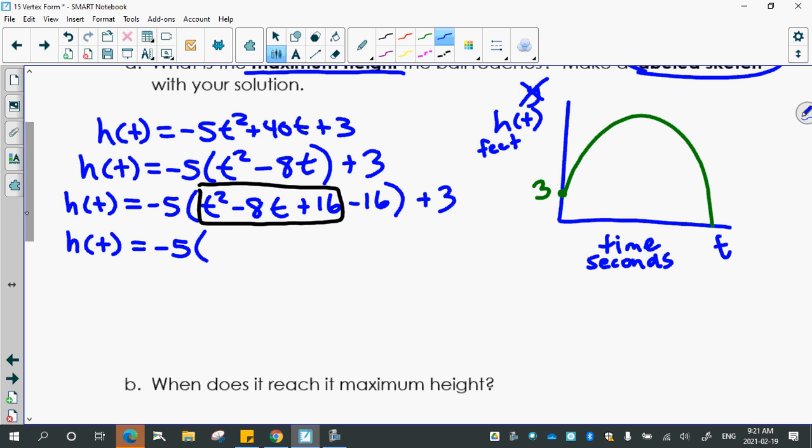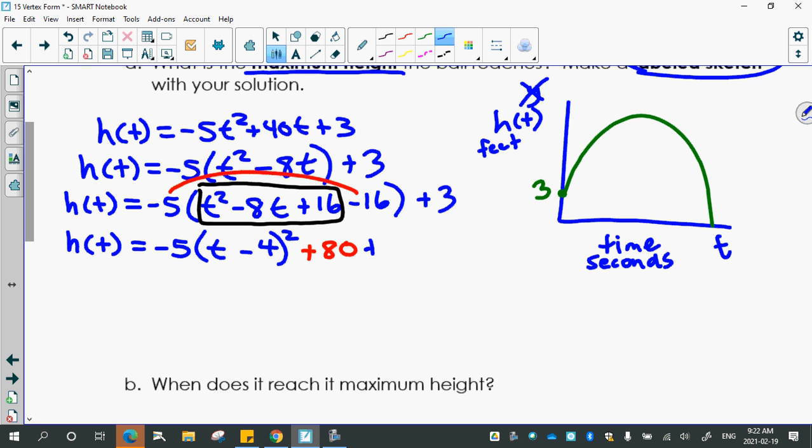So that's going to give me the square root of t squared is t, the sign from the middle term is negative, the square root of 16 is 4. Okay, (t minus 4) squared. And then I have to get the -16 out of the bracket by the distributive property, multiplying it by the -5, and that gives me positive 80.